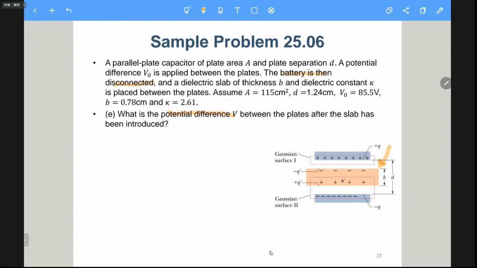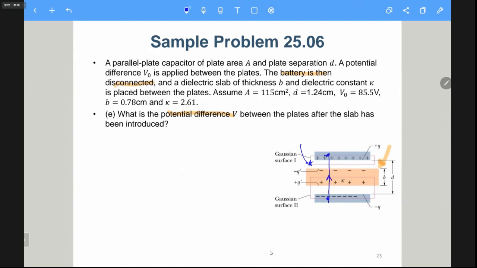But in this case, there is some gap between the dielectric and the parallel plate. So it is like there are different capacitances in series, something like that. But let us consider what it really looks like. We define a path from the negative plate to the positive plate.